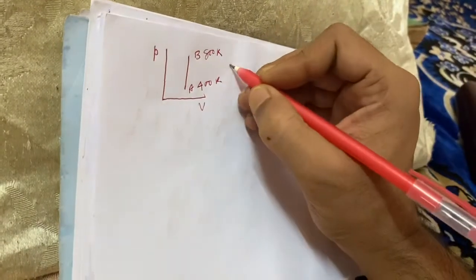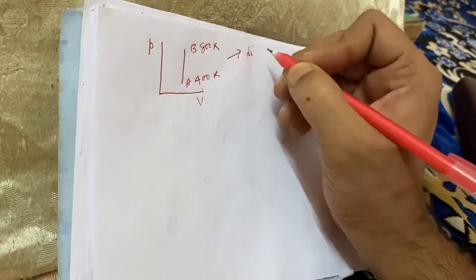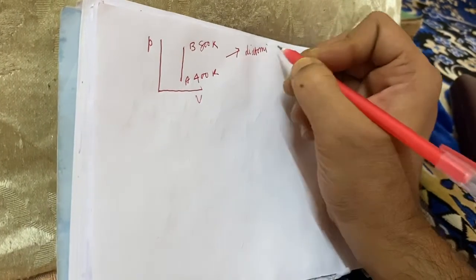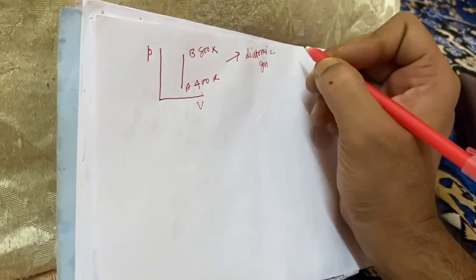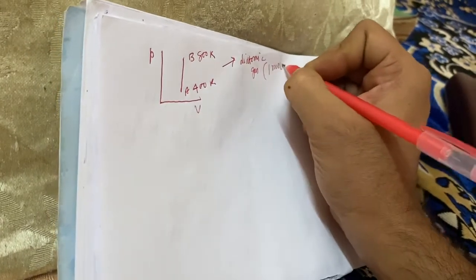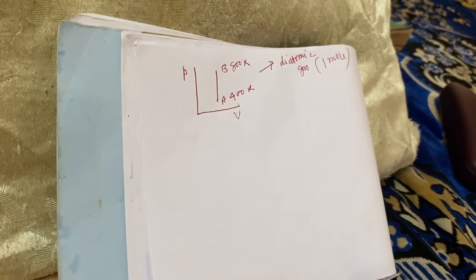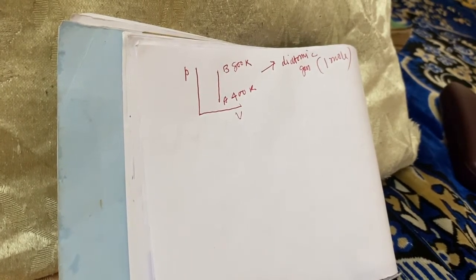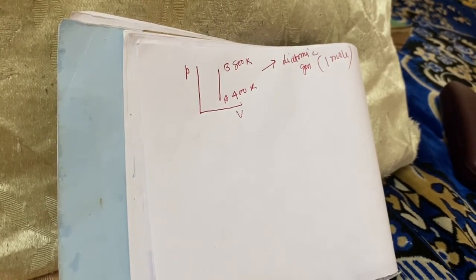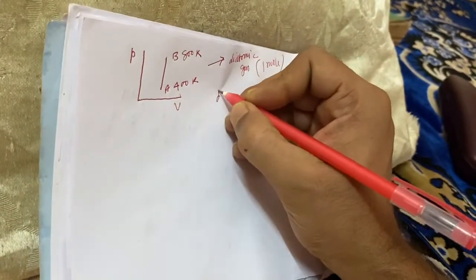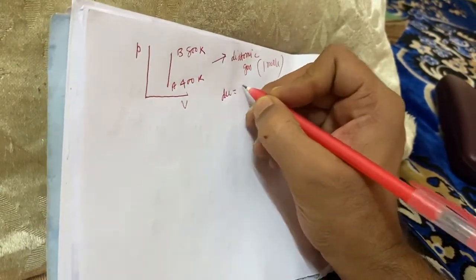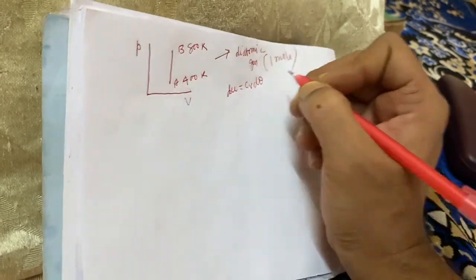The experiment is performed for a diatomic gas and 1 mole. So, you have to calculate the change in internal energy. So, change in internal energy means du means Cv d theta.